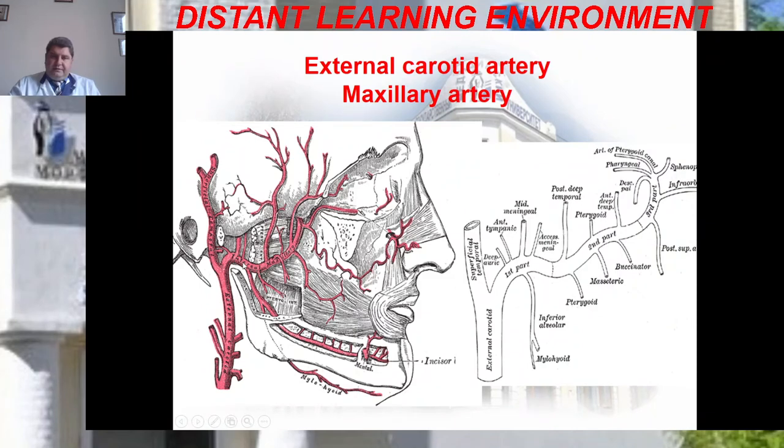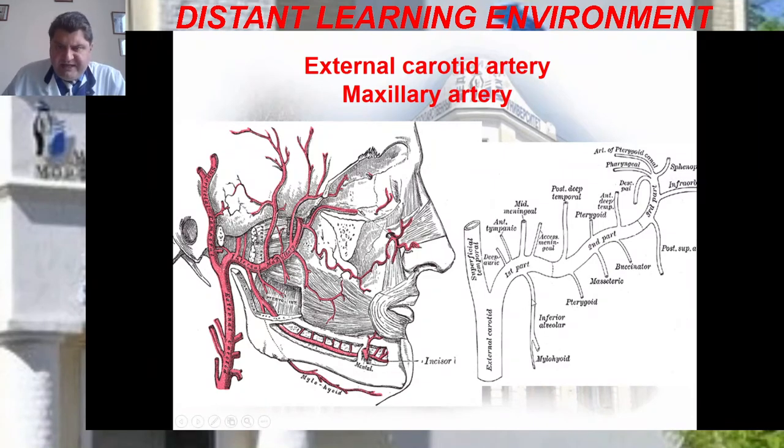It goes on the medial surface of the neck of the mandible. The second passes to the infratemporal fossa of the skull, and the third part of the maxillary artery passes to the pterygopalatine fossa. You may see this fossa here.